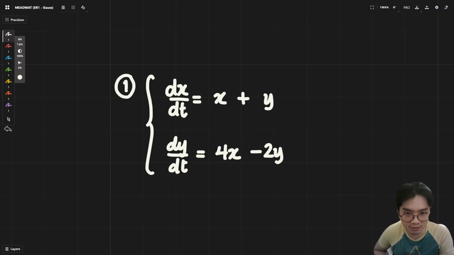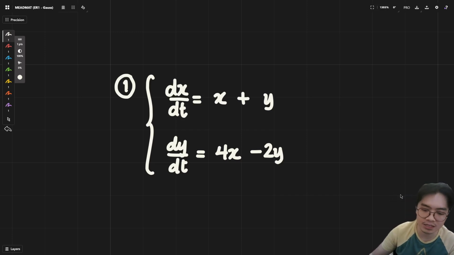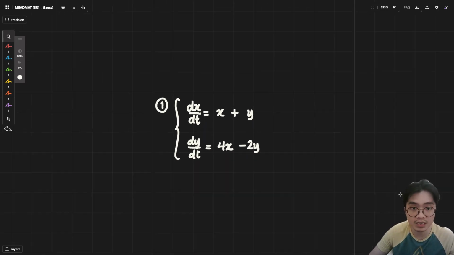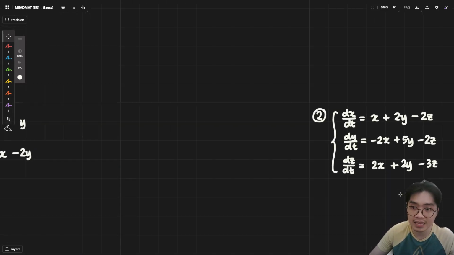Sadly, we did not get to that because of the airtime silence. But today we will tackle how it is possible to solve systems of simultaneous linear differential equations using vectors, more specifically, eigenvectors and eigenvalues.